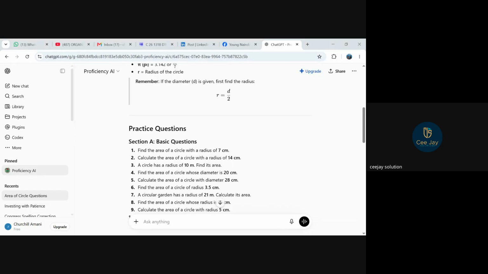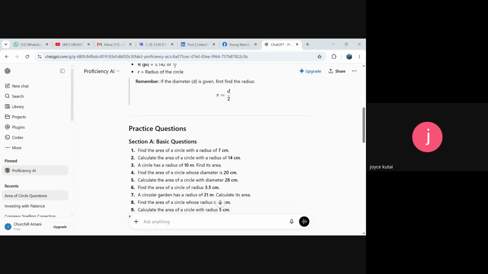Question 4. Joyce, explain to us umepata aje jibu yako question 4? Question 4. Find the area of a circle whose diameter is 20 centimeters.